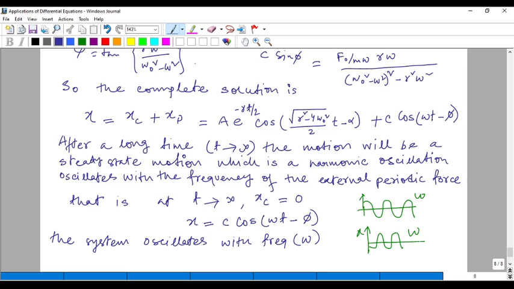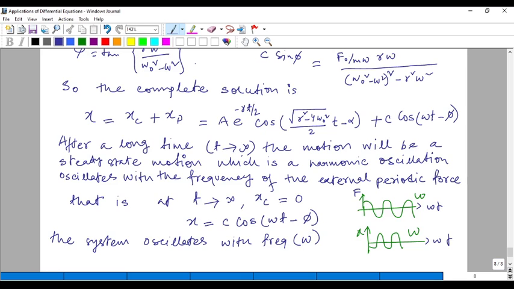So in this situation, the steady state motion, the displacement of the simple harmonic oscillator oscillates with the frequency omega, that is, with the frequency of the external periodic force, but with a phase difference, that is phi.